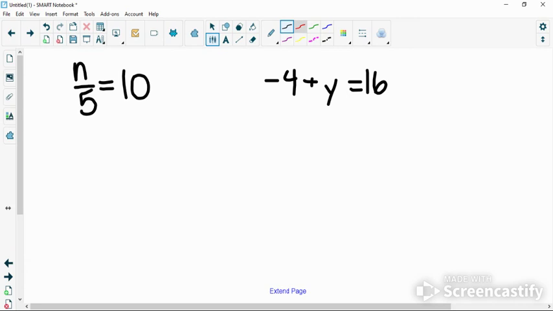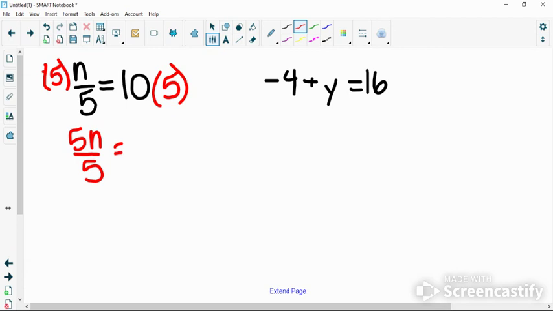For our first example on the left, it says n divided by 5, so the opposite would be to multiply. So I'm going to multiply 5 on both sides. What this ends up being is you'll have 5n over n equals 10 times 5 is 50.